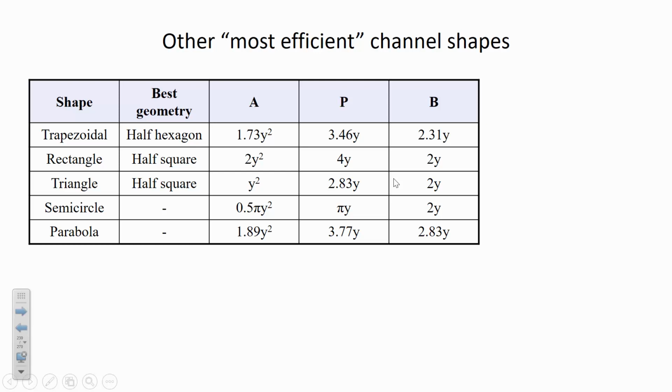In other words, 20 meters squared is 2 times y squared. So we can solve for y, and it says that the ideal depth is 3.1623 meters.